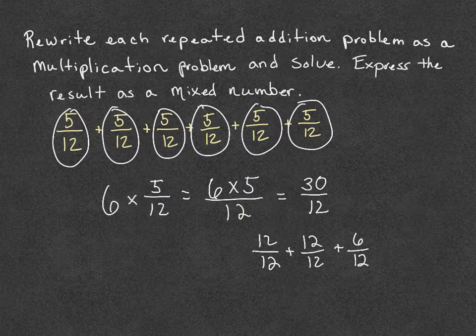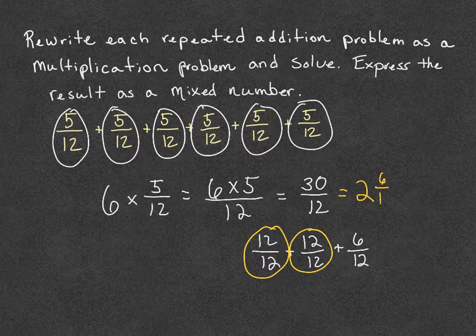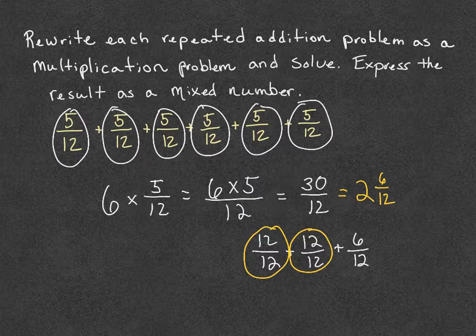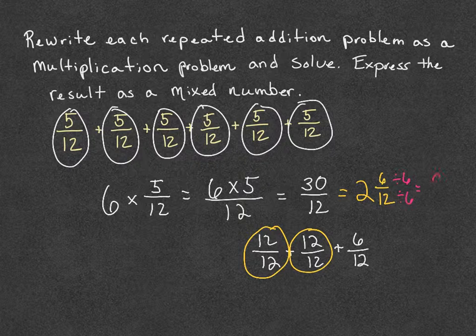So I have 2 wholes and 6 twelfths left over. But if we look at that, boys and girls, we notice that 6 twelfths can be reduced, and the factor that they share is 6. So I'm going to divide the top and the bottom by 6 to get 2 1/2.